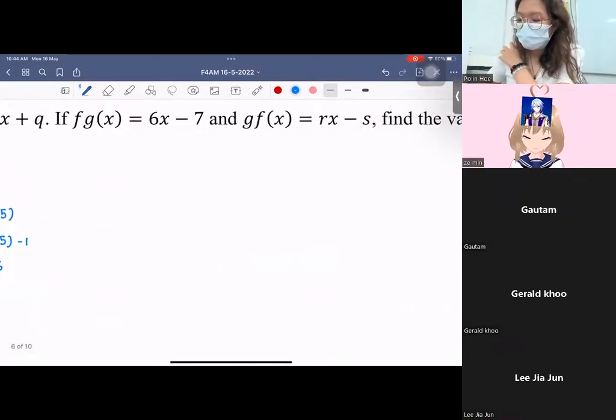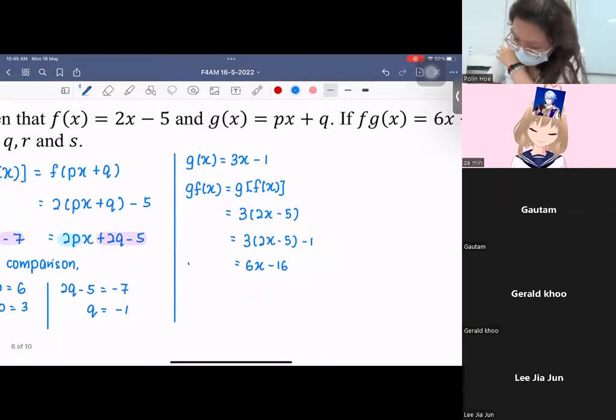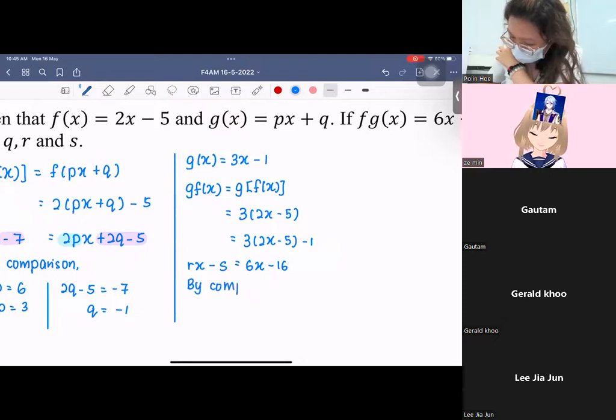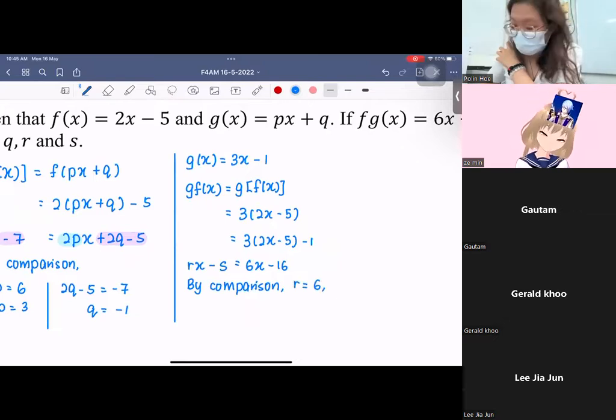Given gf(x) is equal to rx - s. By comparison, can you tell me what is my r and what is my s? R should be equal to 6.